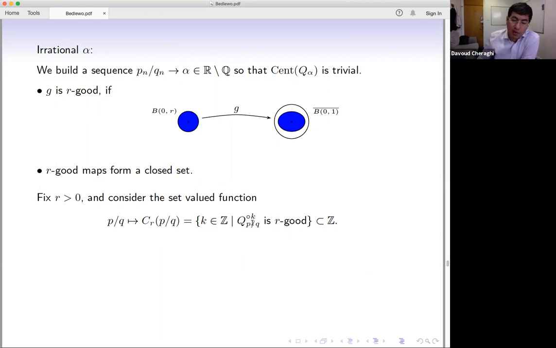That means I'm collecting all the k's such that the quadratic map is defined on the disk of radius R and maps that open disk into the disk of radius 1.